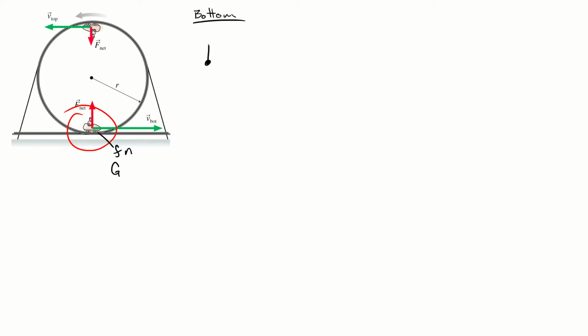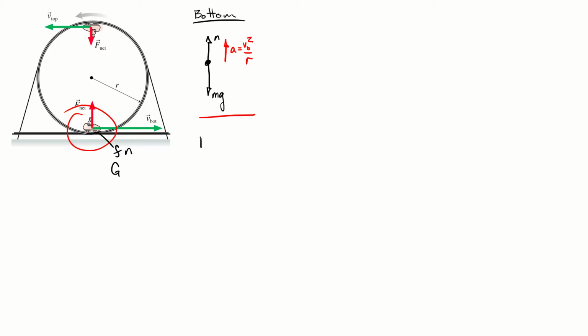So we have a normal force perpendicular to the surface of the track, and then we have the force of gravity with magnitude mg pointing straight down. Now, we also know that it's turning, so it has some acceleration equal to v squared, v at the bottom, over r. So now we can take this and apply Newton's second law.